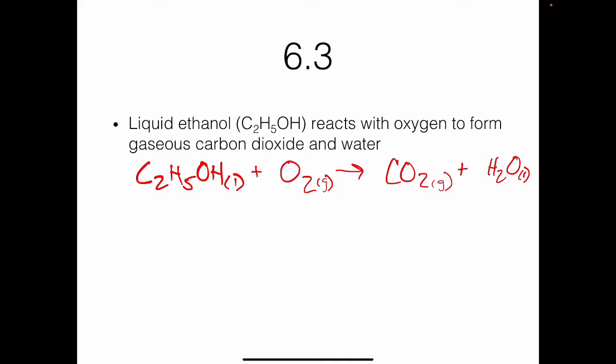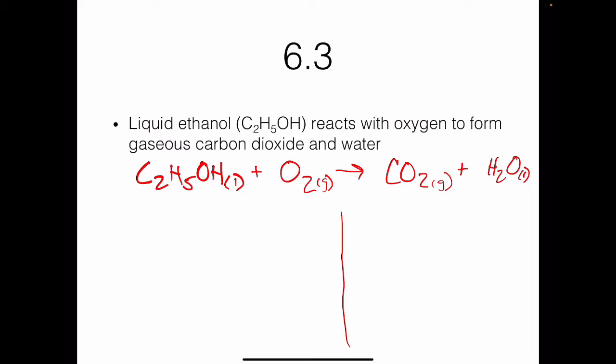The way to approach this from a balancing perspective is to first make sure that your reaction is correct and that you have all of the same elements on each side. So what I would do is draw a line down the middle just to separate the left from the right, or the reactants from the products. And I would list the elements that appear on each side.